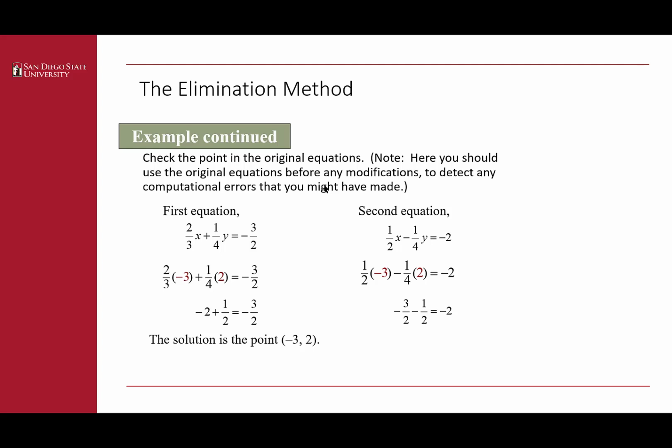For the second equation, we get 1 over 2 times minus 3 minus 1 over 4 times 2 equals minus 2. And in the last step, we get minus 3 over 2 minus 1 over 2 equals minus 2. So we already proved that this point satisfies both the equations, and it is a valid solution for the given system.